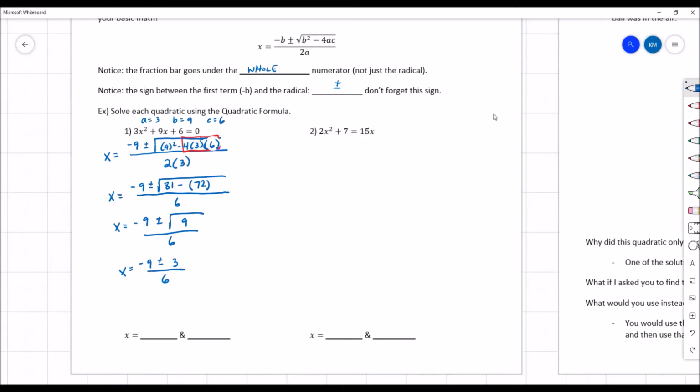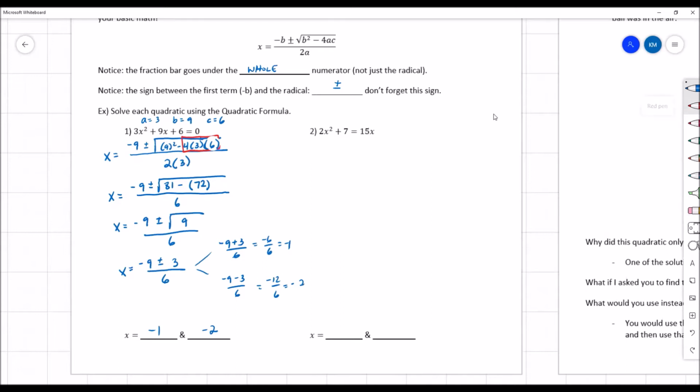So I'm going to do both of those. Negative 9 plus 3 over 6 and negative 9 minus 3 over 6. Simplifying both of those, this gives me negative 6 over 6, which is negative 1. This gives me negative 12 over 6, which gives me negative 2. And so my solutions are x equals negative 1 and negative 2.